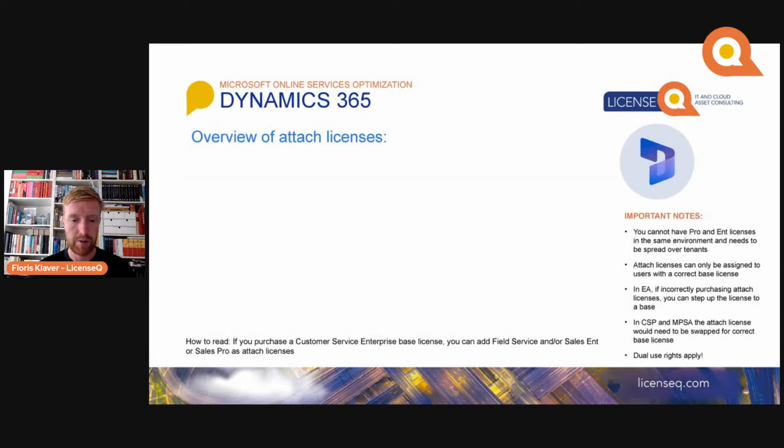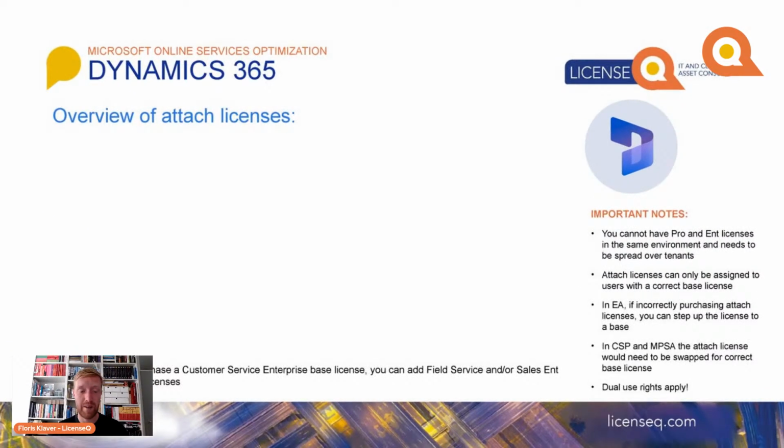Now, this should have held a screen, so unfortunately, this being live, I don't have it right now. We will add it, of course, to the presentation that we will share online. But basically, this should read a table from the Dynamics 365 licensing guide, where it shows you which applications you can stack on top of base licenses.